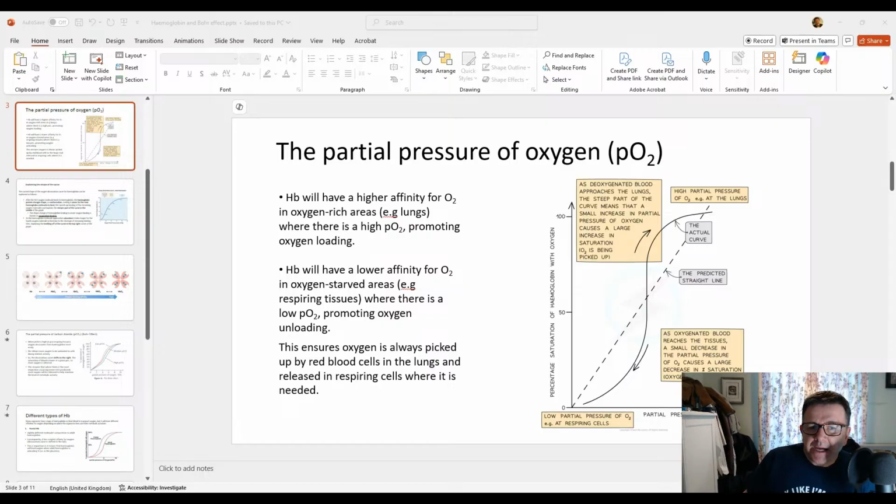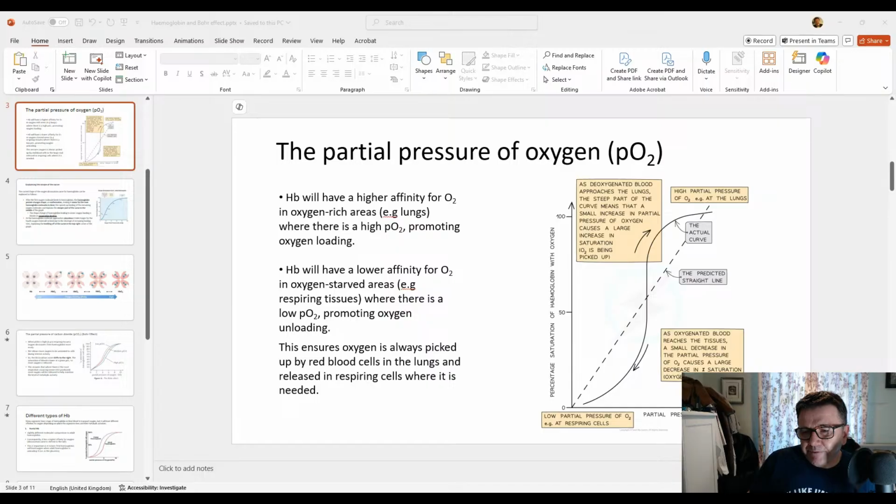Hb has a lower affinity for oxygen in oxygen-starved areas, such as respiring tissue. So a lower partial pressure promotes oxygen unloading. This ensures oxygen is always picked up by red blood cells in the lungs and released in respiring cells.